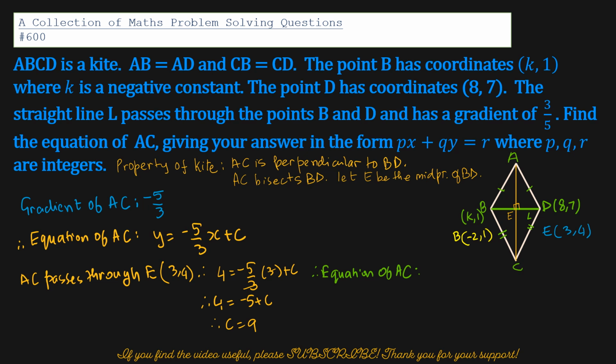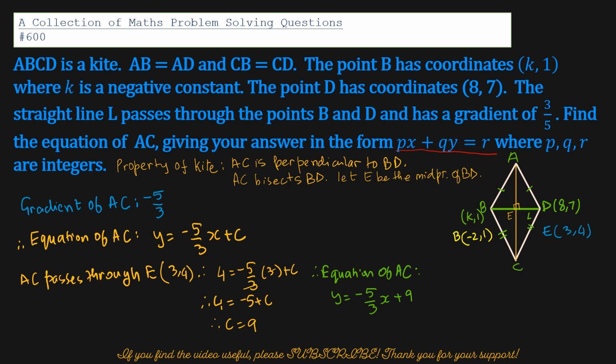And that means the equation of AC would be y equals minus 5/3 x plus 9, and because we have to give it in the form px plus qy equals r, we cannot leave it there.